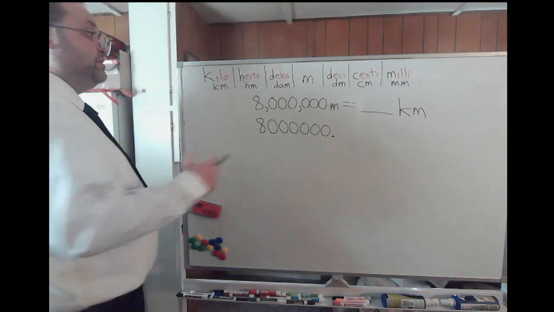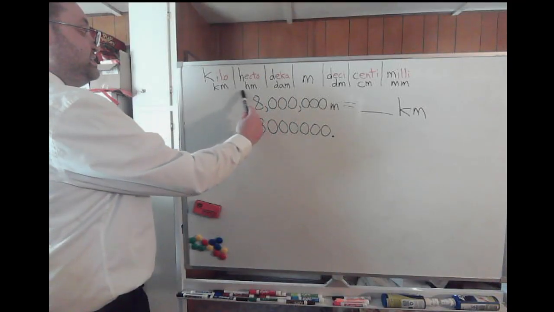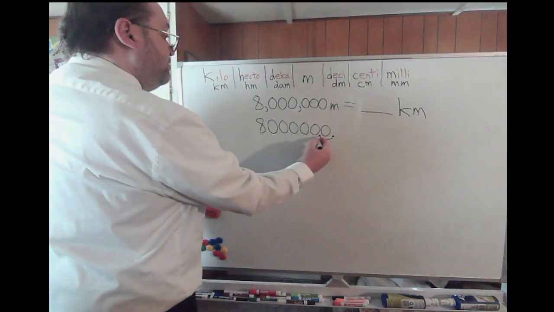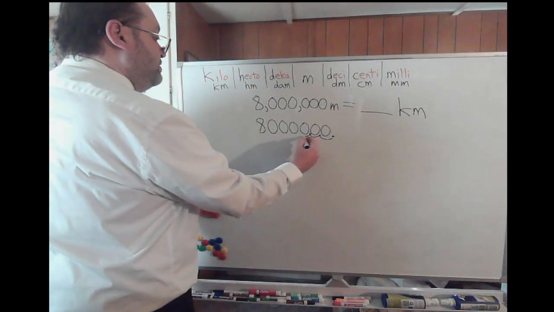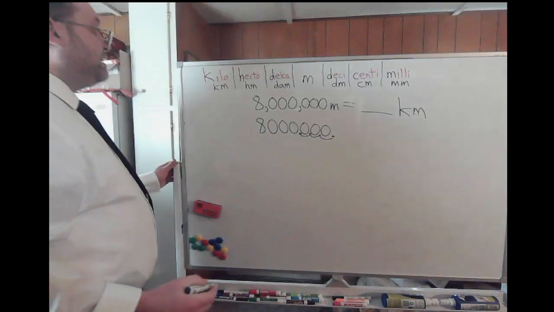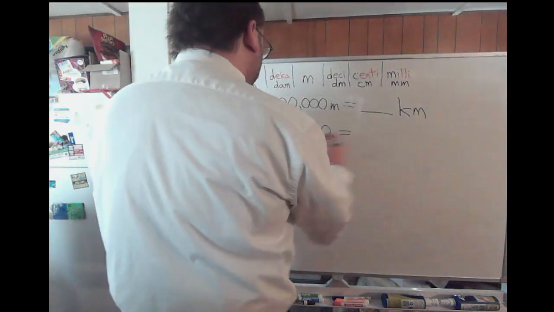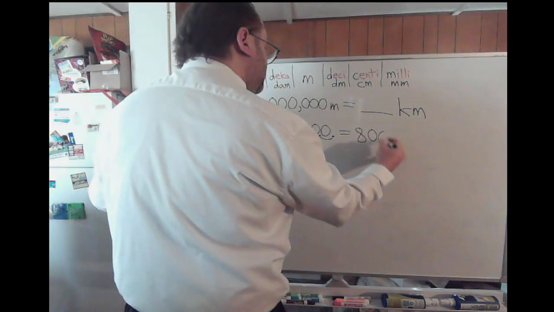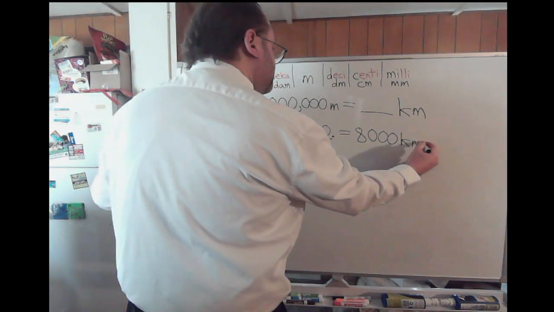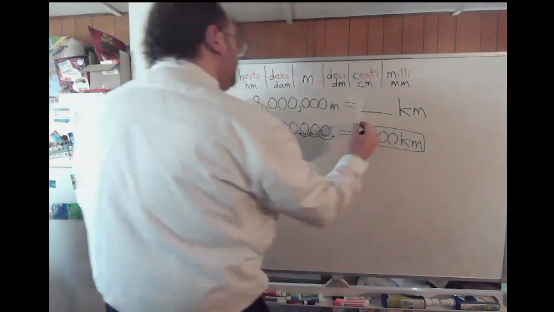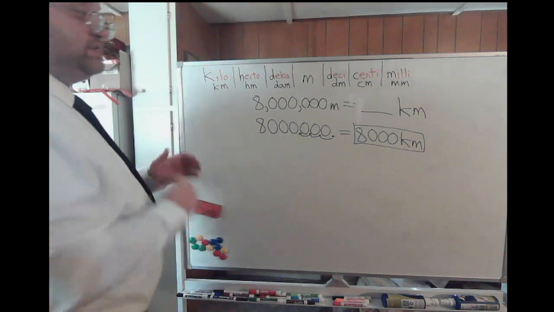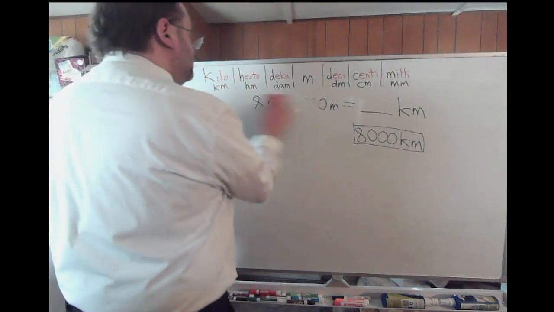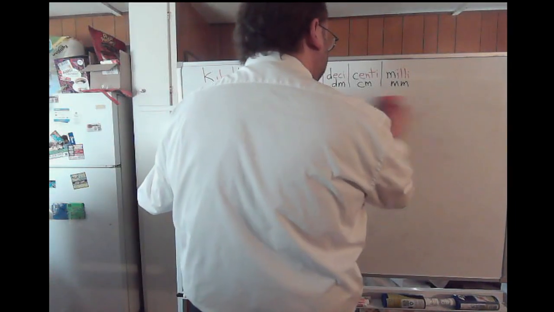They want to get to kilometers, so you have to move 3 decimal places back to the left. Move 1 decimal place, you'll arrive at decameters. Move 2 decimal places back, you'll get to hectometers. Move 3 decimal places back, you'll get to kilometers. So if you move 3 back, you'll have 8,000. So the answer is 8,000 kilometers. For 8 million meters, it's 8,000 kilometers. It's just a matter of moving decimal places. That's really all this is, to convert units.